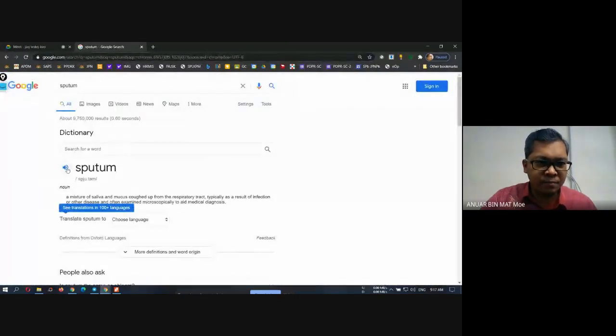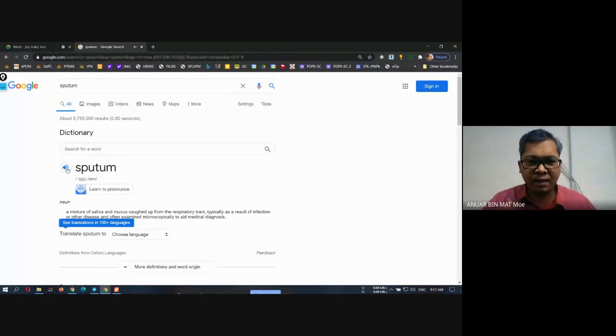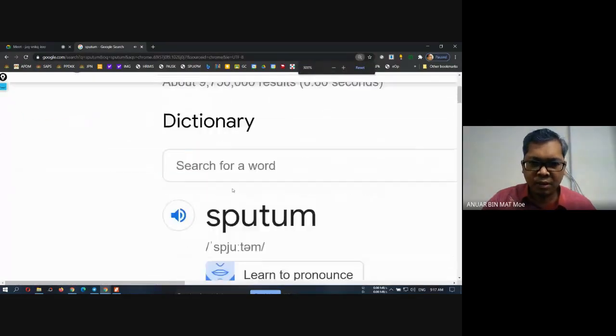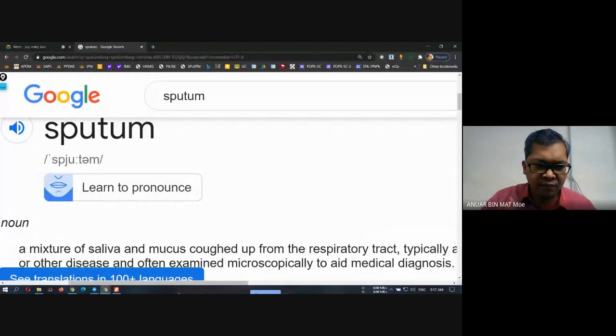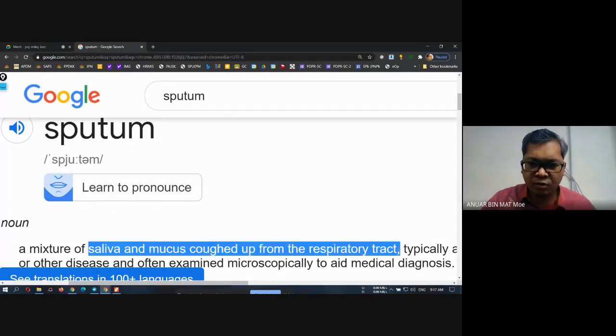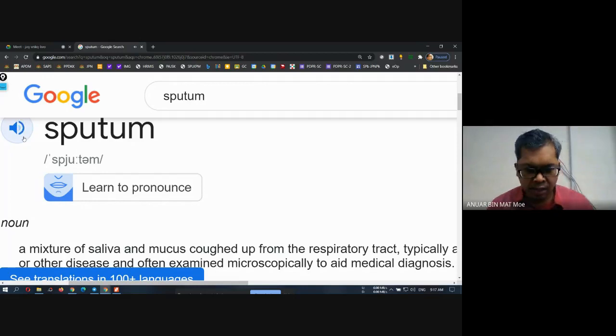Sputum means the mixture of saliva and mucus coughed up from the respiratory tract.